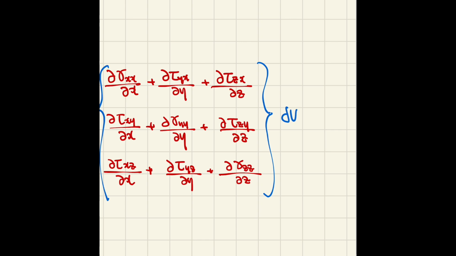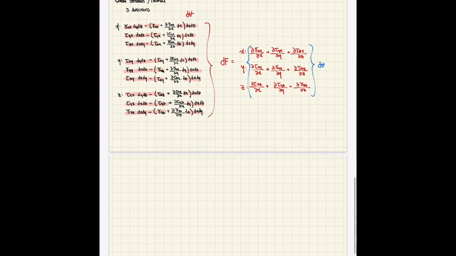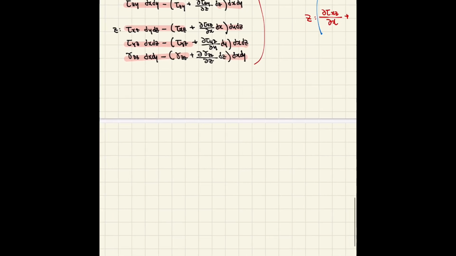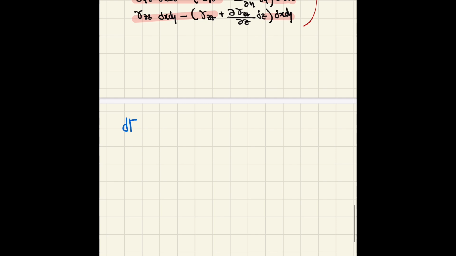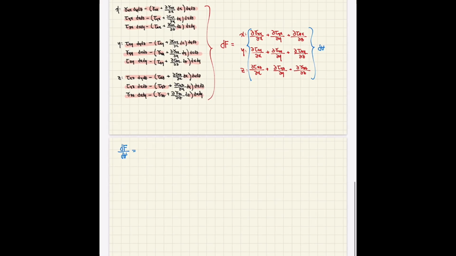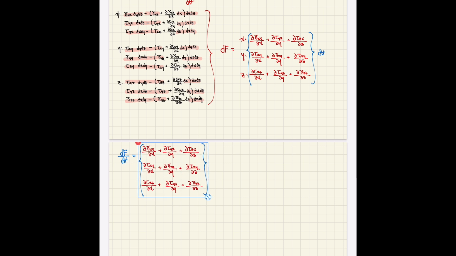We need to multiply this by dv. So we know that the df dv, which we intend to find, will be, well, let me just copy and paste this part. So the df dv will be this.